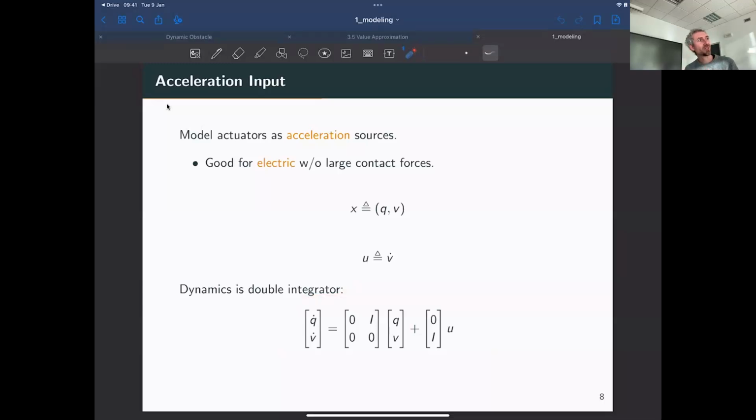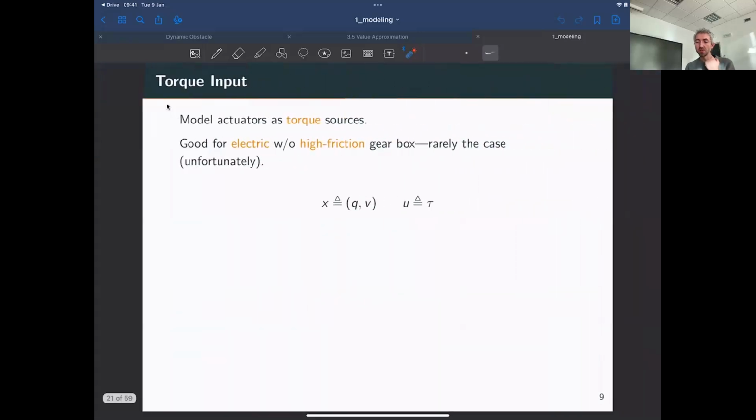Unfortunately, we are not going to use that assumption, because this is good if you don't have large contact forces, or you don't care about the contact forces. We're going to fall into the third category, because we have large contact forces we do care about, which is modeling actuators as a source of torque.